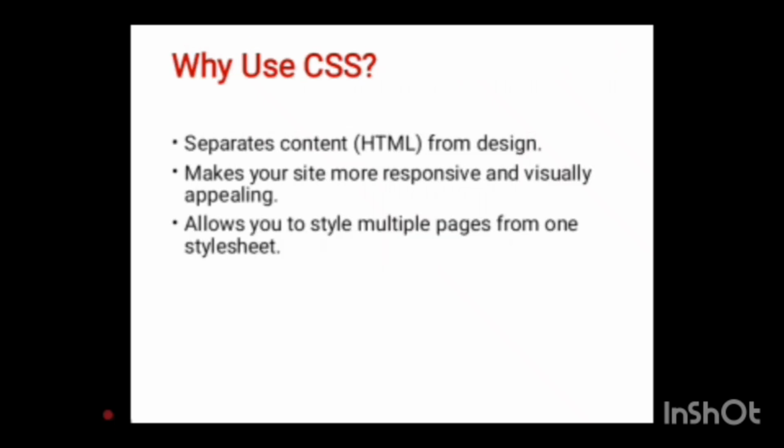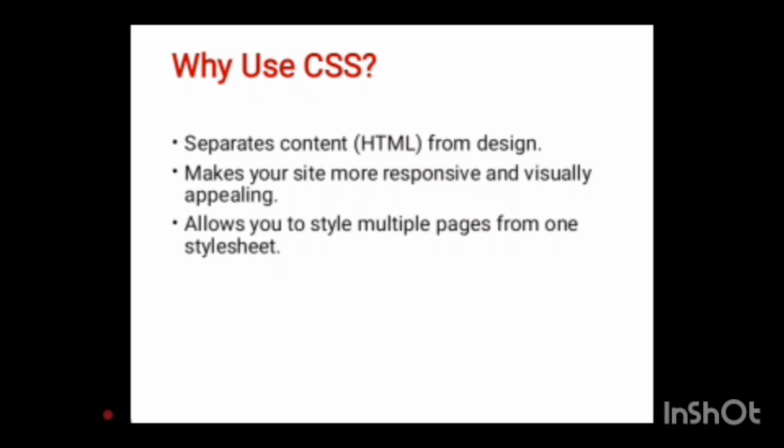Now let's see, why do we use CSS? We use CSS so that we can separate the content from the design. The content is the HTML, and the design is the CSS. So we separate the HTML from the CSS.